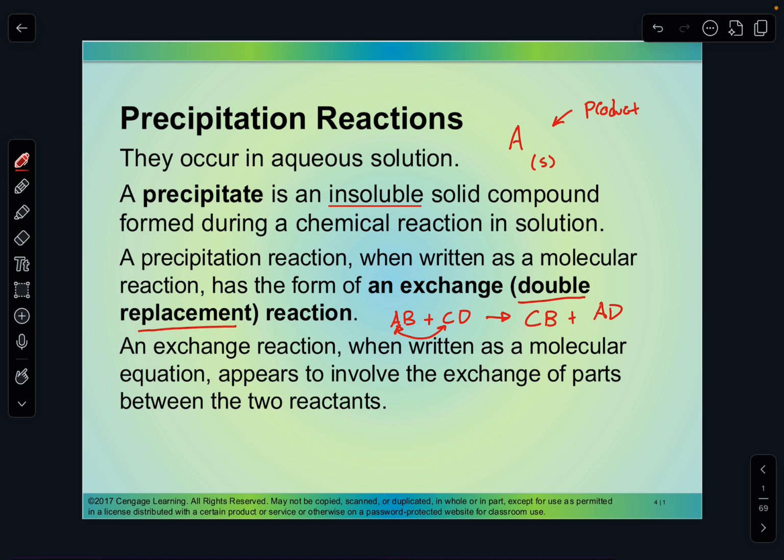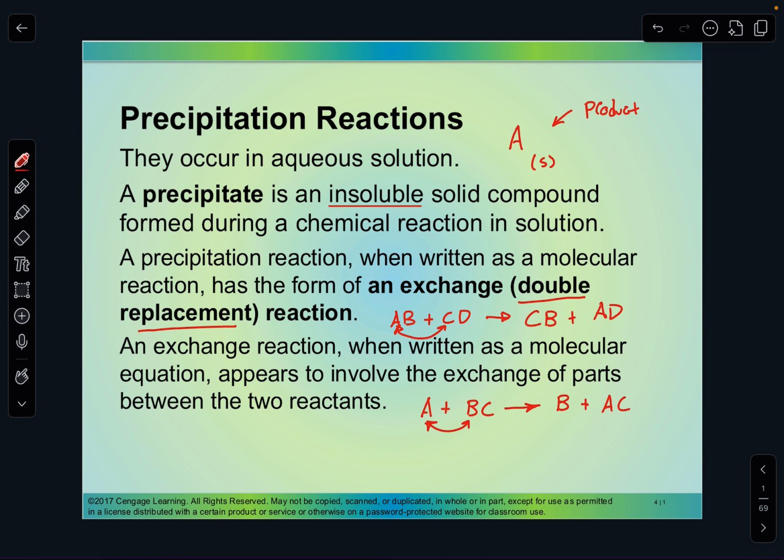That is a double replacement reaction. It could also be a single replacement reaction, and we could do it like this: A plus BC goes to B plus AC. So these two are switching.